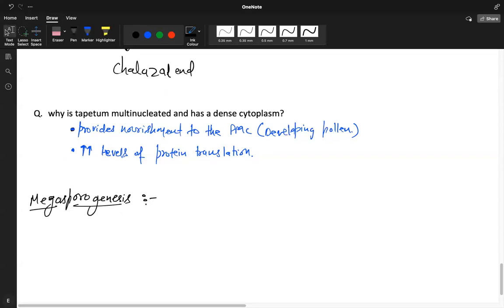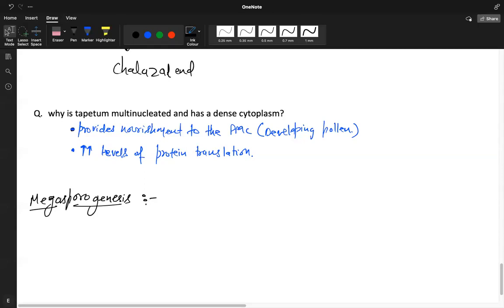Producing pollen or pollen mother cell. Yes. So which cells will give rise to PMC? Sporogenous tissue. Sporogenous tissue becomes PMC, and then each PMC develops into a pollen.